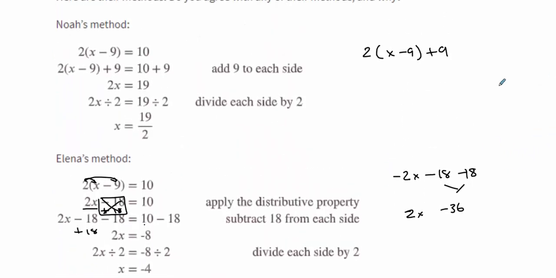And another thing to watch out for, when Noah's method, if the subtraction is inside parentheses, you cannot just add 9 to both sides. Or whatever that number is. Or even if it's addition, you can't subtract 9 from both sides if it's inside the parentheses.